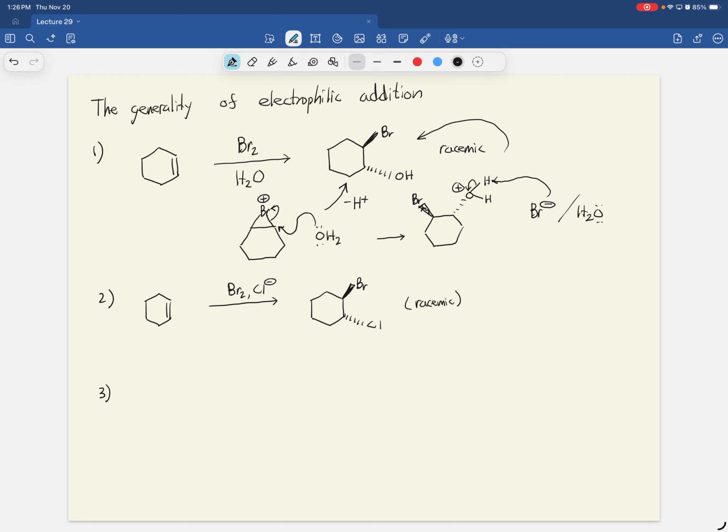So it doesn't matter what the other nucleophile is, as long as it's relatively strong and a good nucleophile, it'll still react. Now, how about we change the solvent to methanol? What do you think is going to happen if we put Br2 and methanol? So very similar to the water example, right? But in this case, what would the nucleophile be instead?